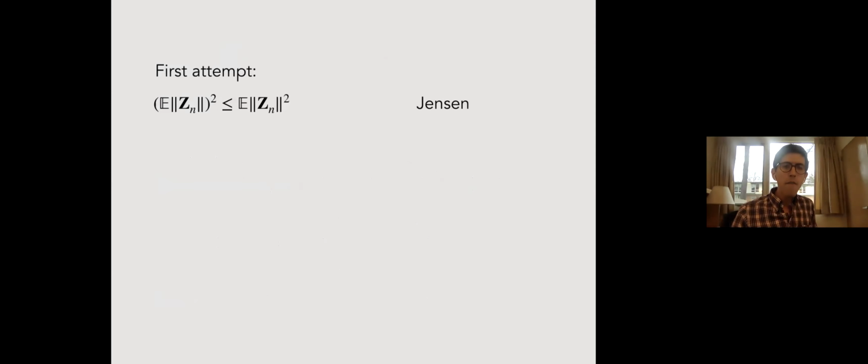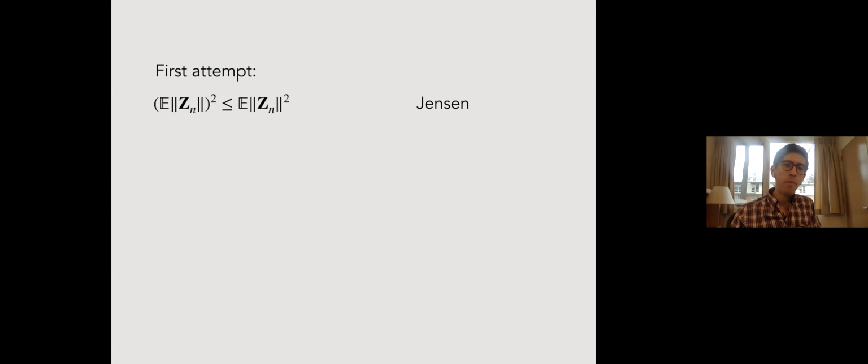So if you've done anything with random matrices before, then you'll know that the operator norm is not so easy to work with, and it is much easier to work with various Schatten norms.